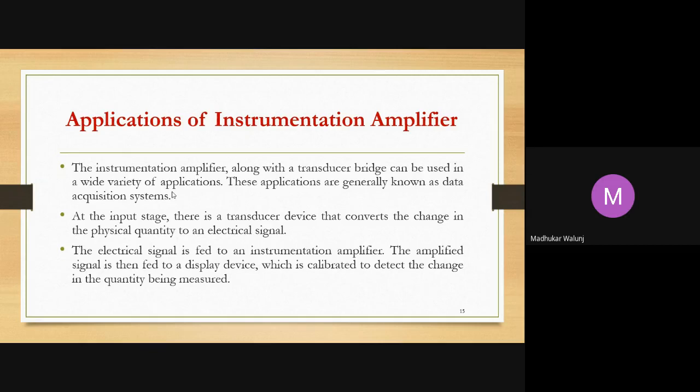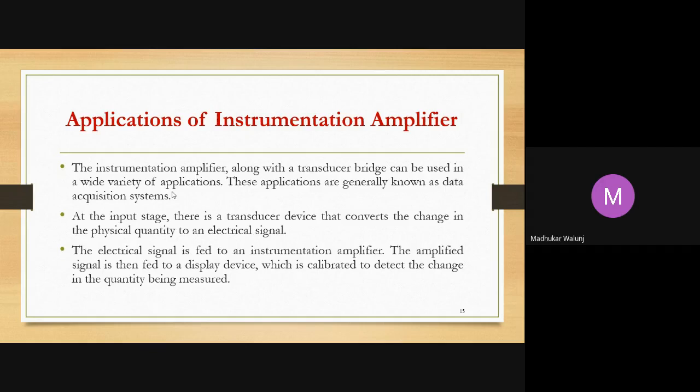If we have, say, a space shift, and from it we have to monitor different parameters like temperature, pressure, the inner temperature of the space shift, the atmospheric pressure and atmospheric temperature, they can all be connected together and given as input to the instrumentation amplifier. One by one it can take all these inputs, and they will be stored in a data acquisition system.